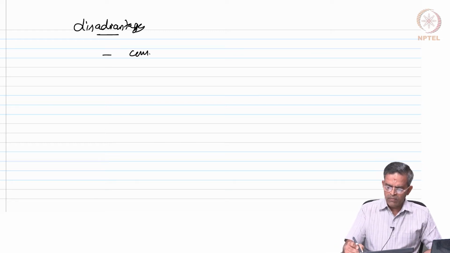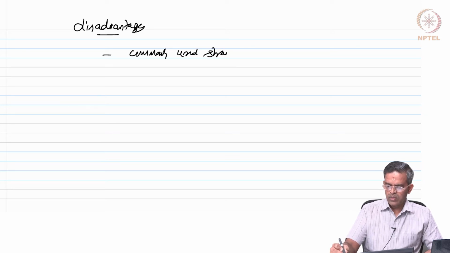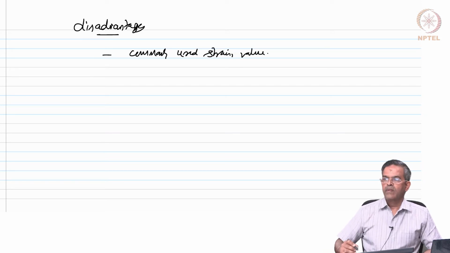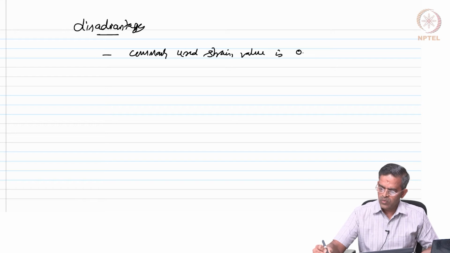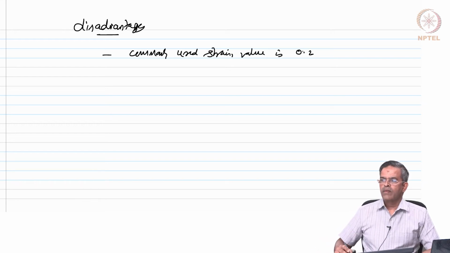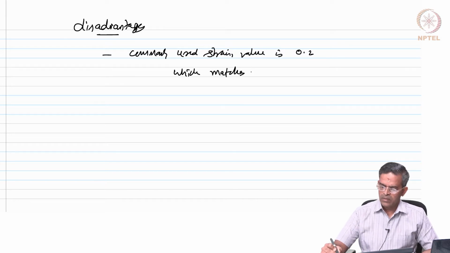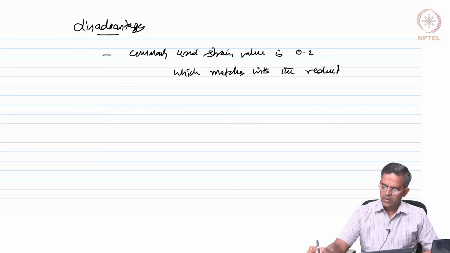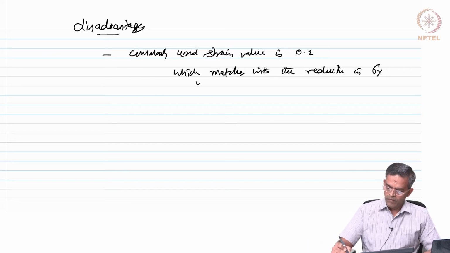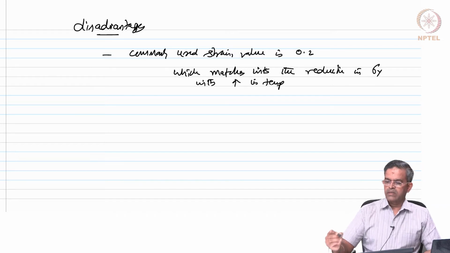This method also has a couple of disadvantages. Commonly used strain value in the design is 0.2, which matches with the reduction in sigma y with increase in temperature.